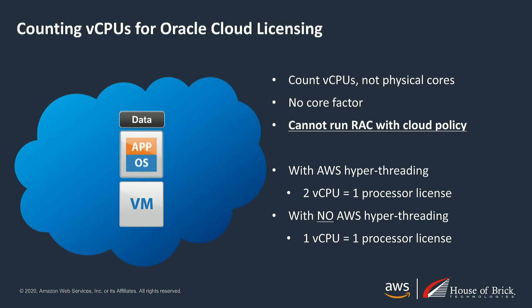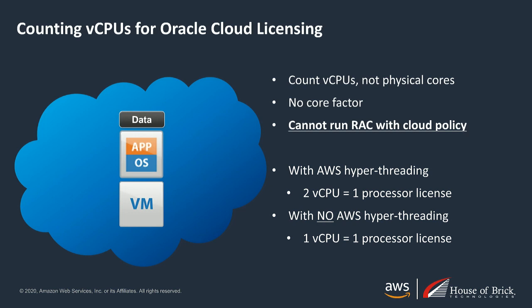And it's very simple. In Amazon, with hyperthreading enabled, which is the default for EC2 and RDS unless you've taken extra steps to disable hyperthreading, then every 2 virtual CPUs is 1 processor license. If you've disabled hyperthreading, then 1 vCPU equals 1 processor license.